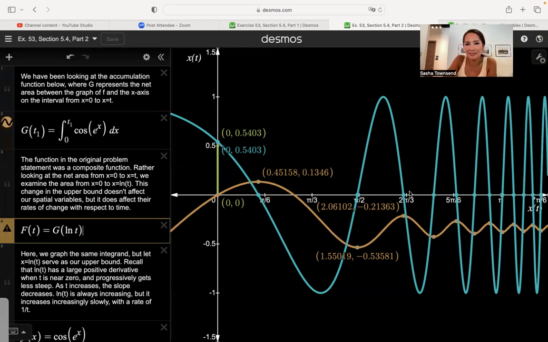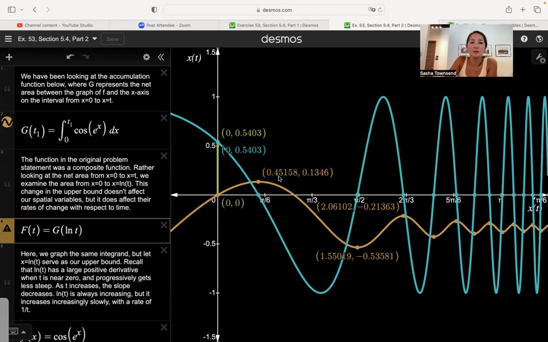Now the graph looks almost identical to what it was before. I have graphed the y-intercept of the original function, and the integrand is cosine of 1, which is approximately 0.5403. And we've got again a zero at x equals 0.45, which is approximately natural log of pi over 2.